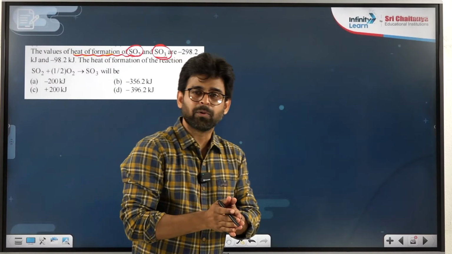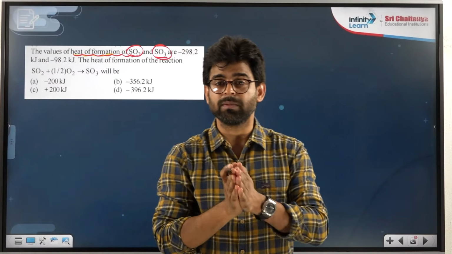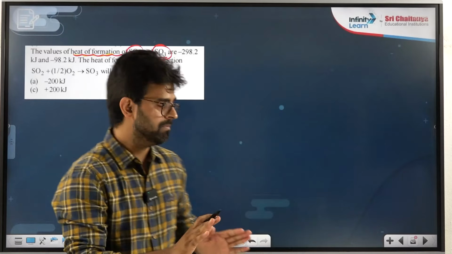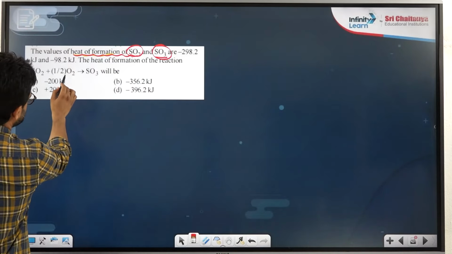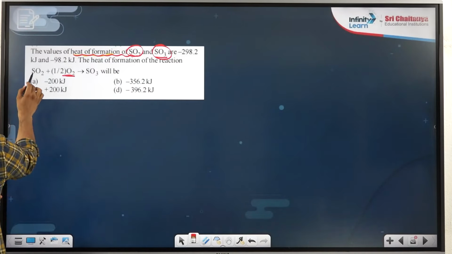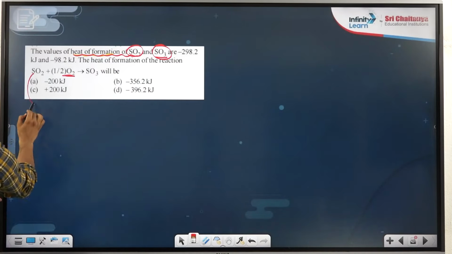For O2, the enthalpy of formation is what? 0. For SO2, enthalpy of formation is given. For O2, enthalpy of formation is 0. Why? Because it is already in standard state.